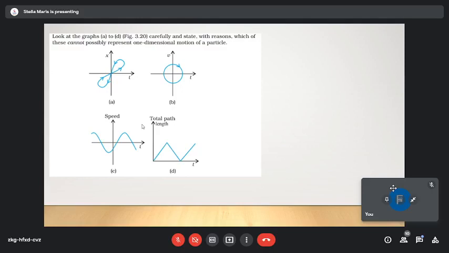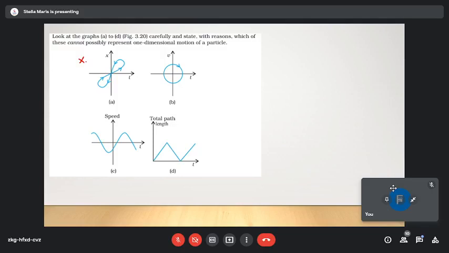A is one dimension. Your good name? Jayashree. Okay, ma'am, why is it one-dimensional motion? Can you tell me? Okay, no problem. So A is not a one-dimensional motion.